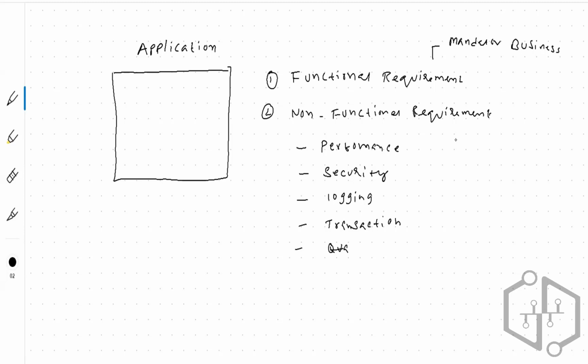So when you develop an application, we need to focus majorly on functional requirements, and we need to address non-functional requirements also. We're not saying that non-functional requirement is not my responsibility, I won't focus. No, no. Your client won't be satisfied; you need to satisfy both, right?